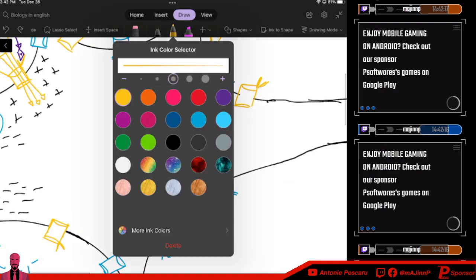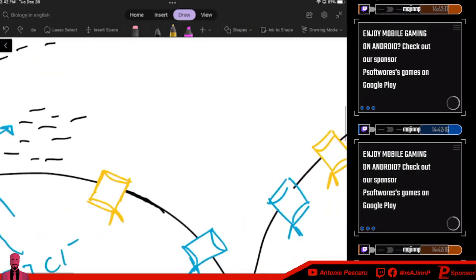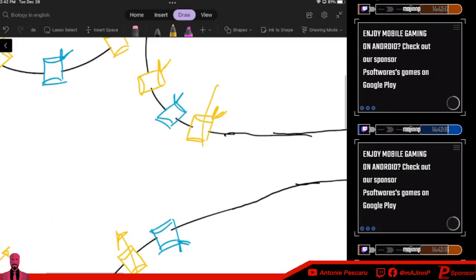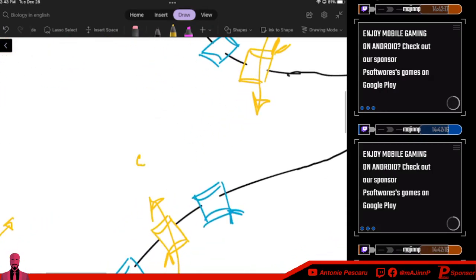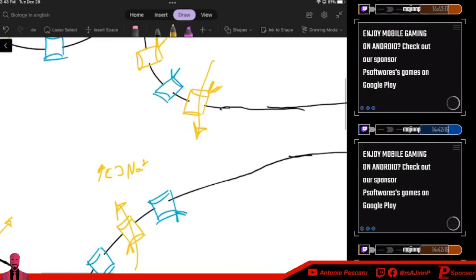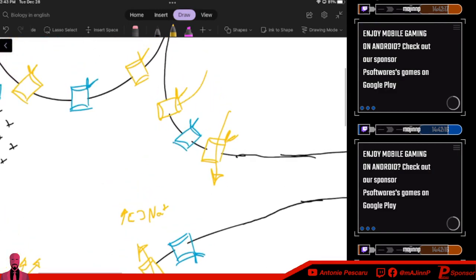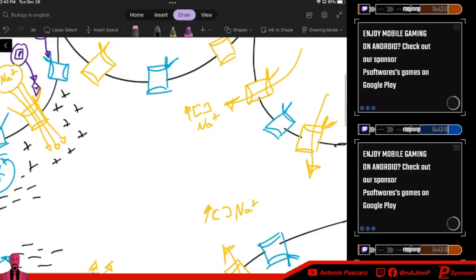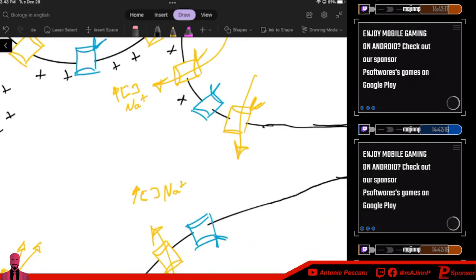And eventually, due to the high intake of sodium inside of the cell, you're going to have a higher concentration of sodium, and that positivity is going to cause the cell membrane to become more positive. And that positivity is always going to travel.